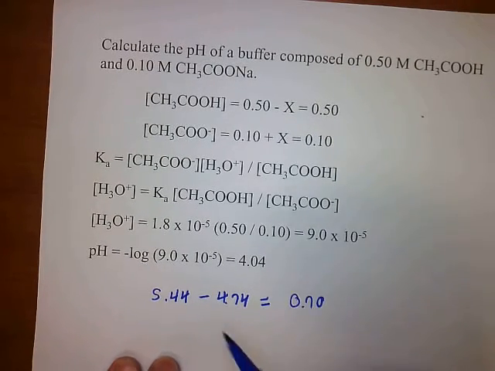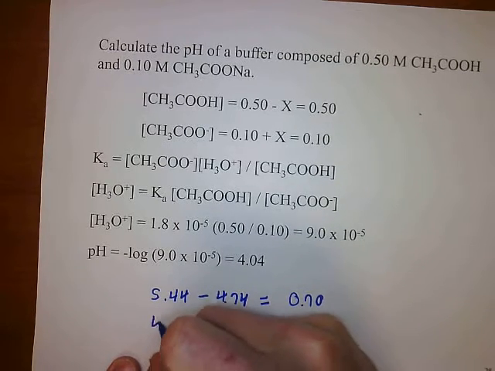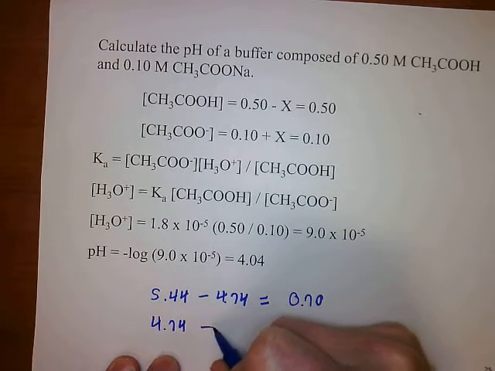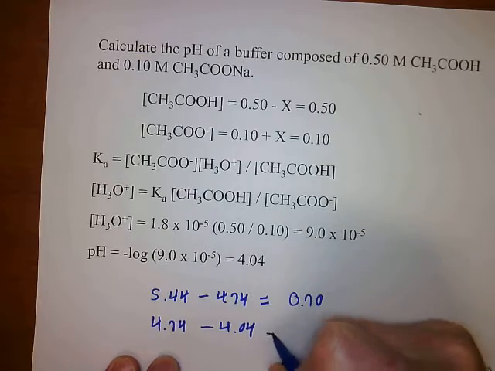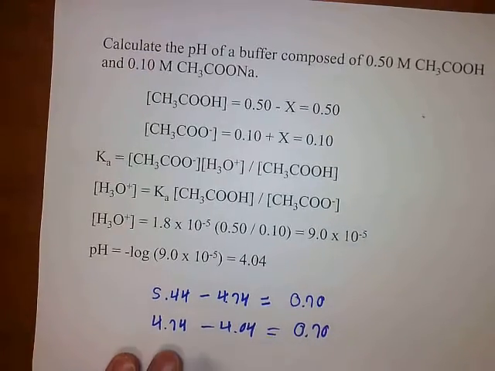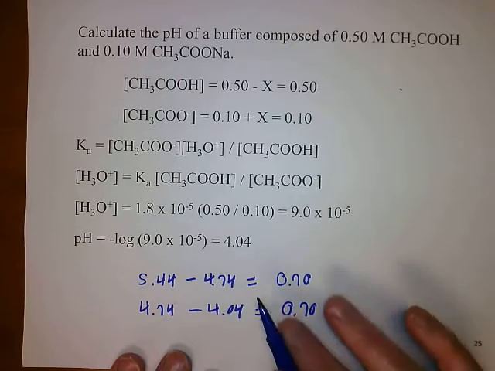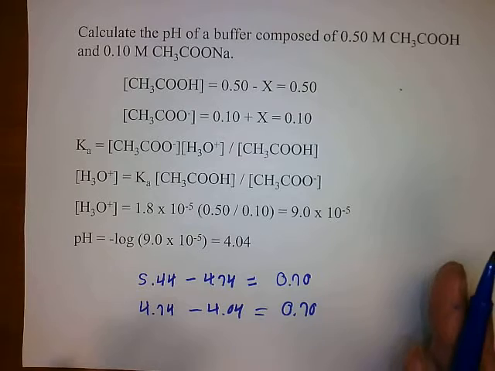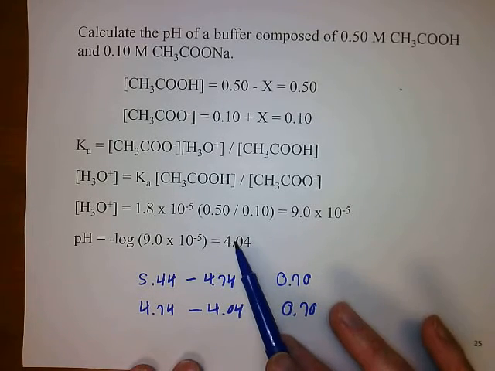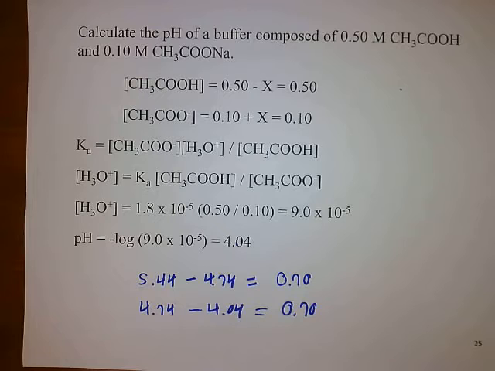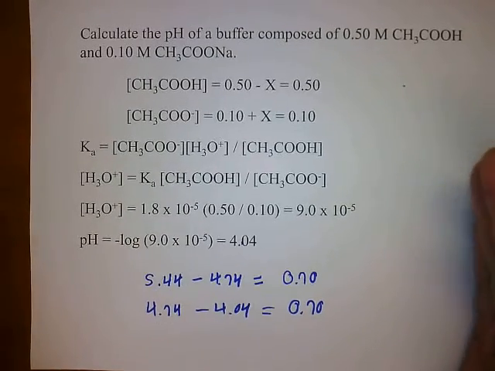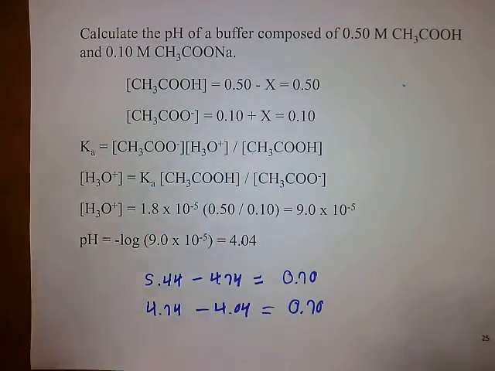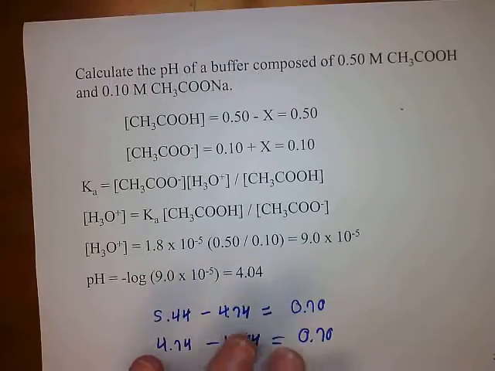And if we take 4.74 minus 4.04, what do we get? 0.70. So here the pH was lowered relative to the case where the two components were the same, by the same amount that it was raised in the previous example. Okay, so this is kind of the long way to do it, but I wanted to show you this so you know where some of this stuff is coming from.